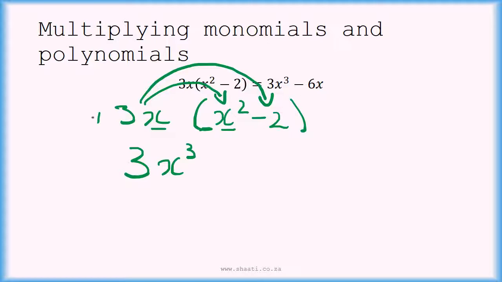And because we're multiplying a positive with a negative, our next answer is going to be a negative, a minus. 3 times 2 is 6, and there are no other variables, so that's just x times 1, is 6x. And this is how we got our answer.